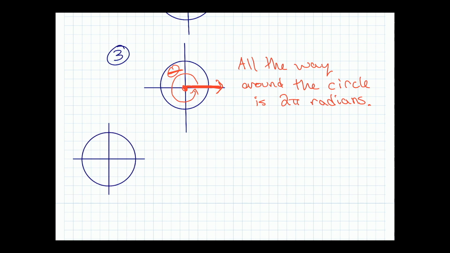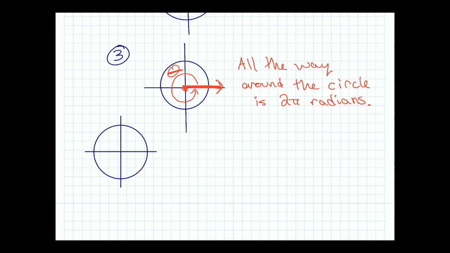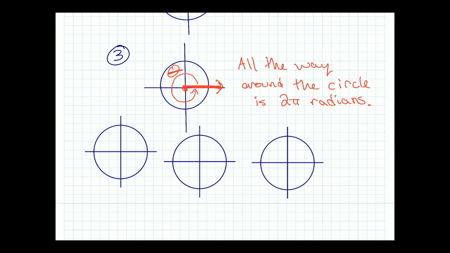So if I have a circle like this, and then, okay, so we have some of these. Now I'm going to draw some angles on here.